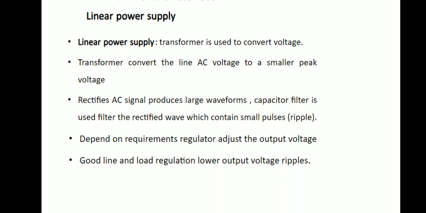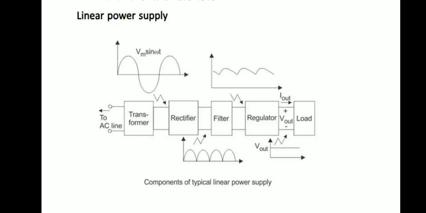Then a good line and good regulation lower the output voltage ripples. The figure shows the block diagram of a regulated power supply or linear power supply, which consists mainly of four blocks: a transformer, a rectifier, a filter, and a regulator.